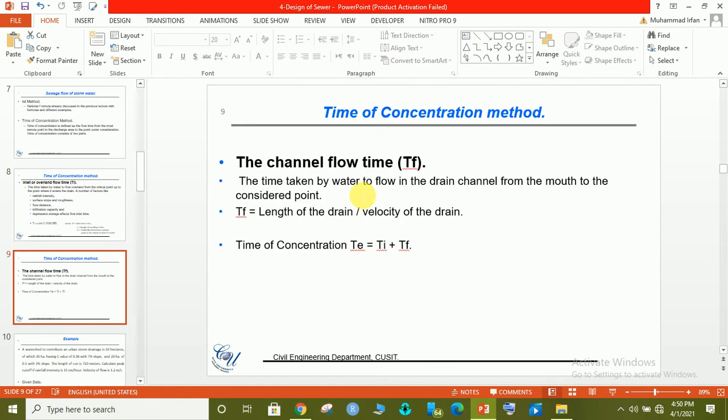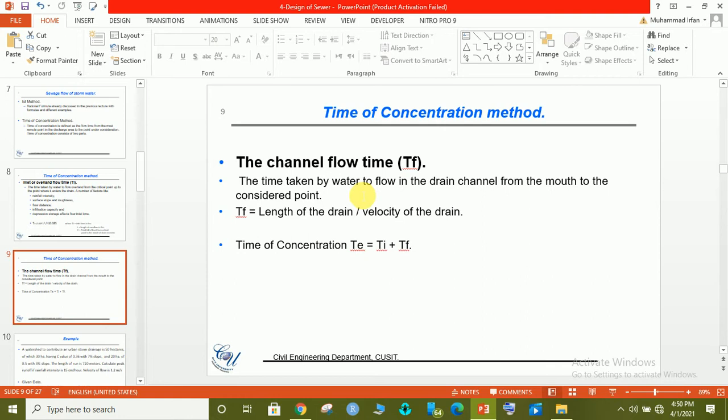The second is also the same, but instead of an open area, we select a closed drain, a closed channel or an open channel, and we select two different points within the channel. The time taken by the runoff produced by the rainfall from the first point to the second point is called the time of concentration by the definition of the second method.